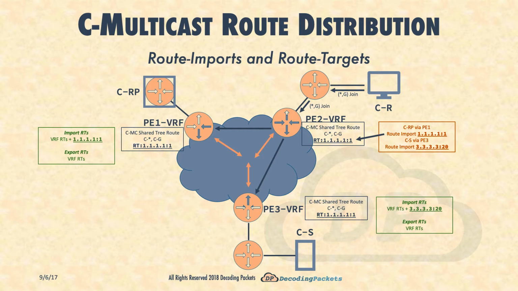PE1 matches 1.1.1.1:1 successfully with a local route target in the import list, and as a result, it keeps the route. But PE3, well, the route target is not in the import list for PE3, and it refuses the route. Filtering successful. And moreover, based on a well-known, time-honored, scalable technique, that of the route target.